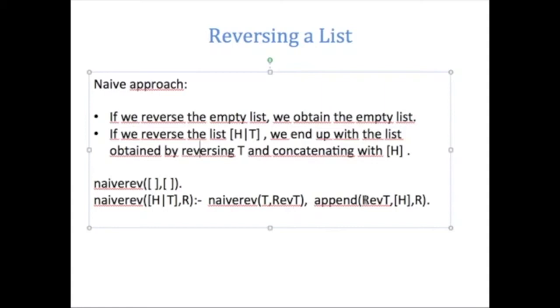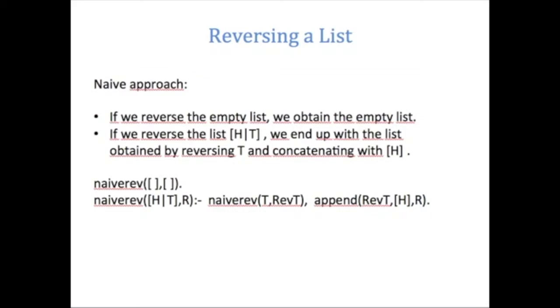Okay? So what we do is we basically do a naive reverse of the tail. Okay? And we append this reverse tail, which will be the rest of this list backwards, to the list with head, and that'll create the entire reverse list.